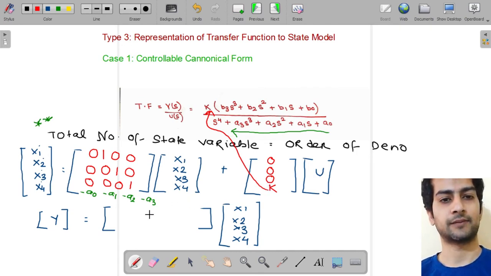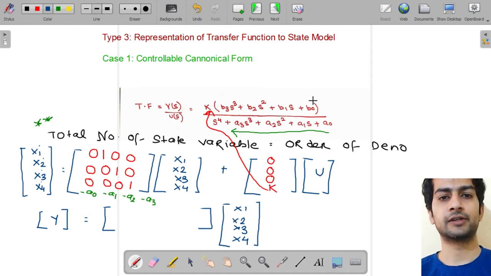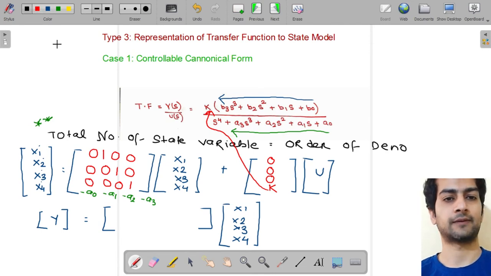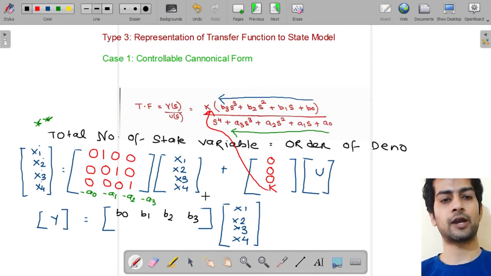Now coming to matrix C. Here we will take the coefficients of the numerator in reverse direction without opposite sign. So what we will get here? We will get b0, b1, b2, b3. So I hope this is clear, what I have told you.